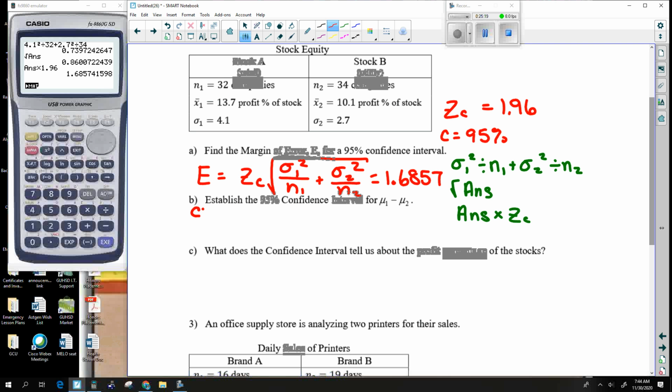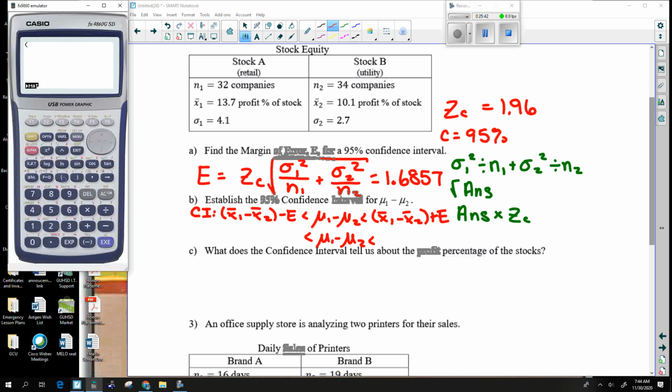Now I go ahead and create my confidence interval, which is x bar 1 minus x bar 2 minus e is less than mu1 minus mu2 is less than x bar 1 minus x bar 2 plus e. That middle part stays the same, and I just get the answers to the two sides.